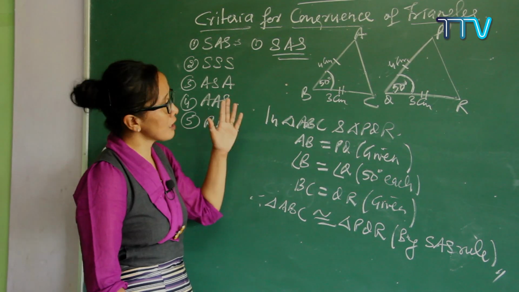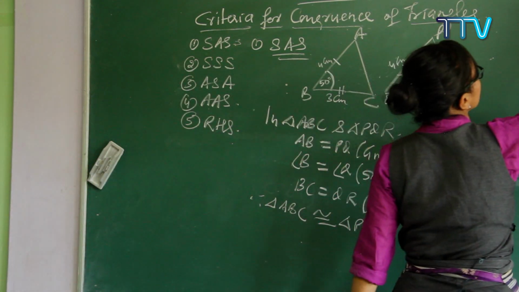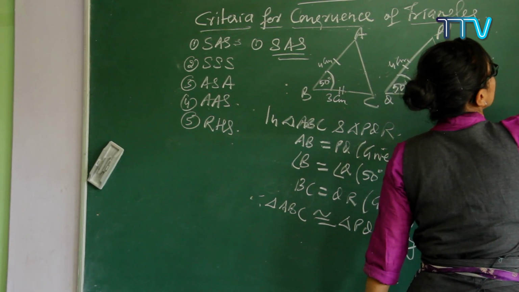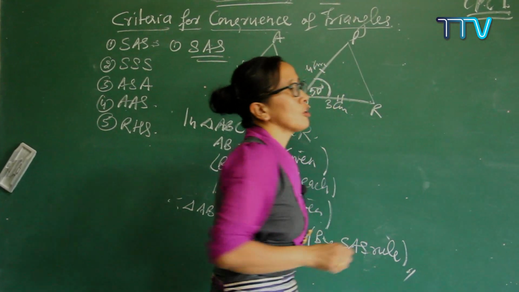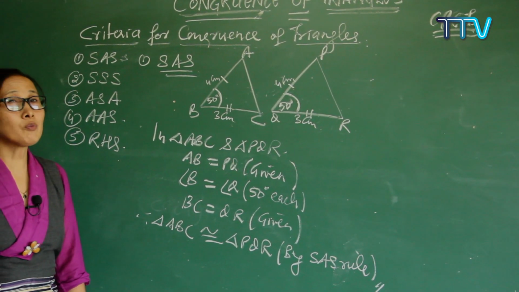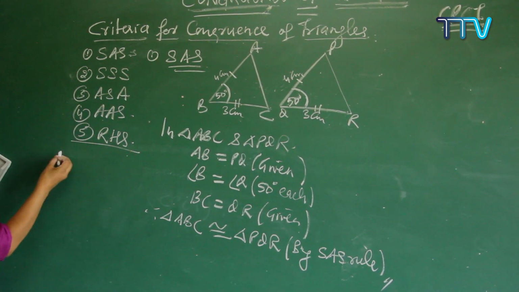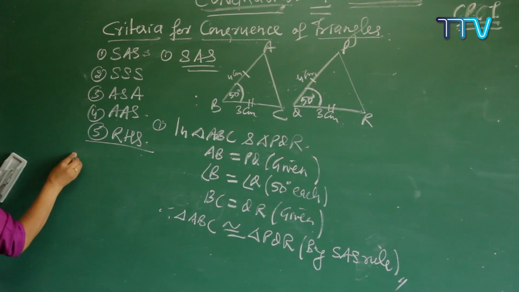Okay, now, do you remember you have already done CPCT? Corresponding parts of congruent triangles. What types of questions will you get? You will get a question in this way. Let me write the question.